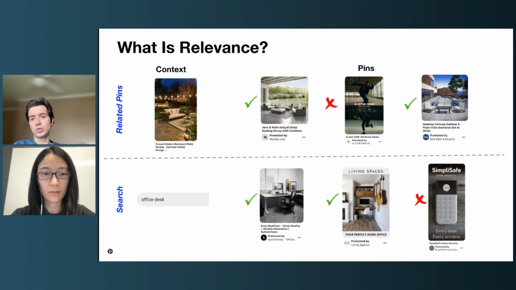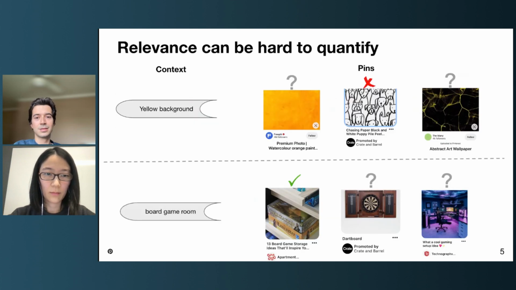In search, the context is the user search query. For the query office desk, the office seating sets would be relevant to the query. However, a security system might be irrelevant. However, it is not often as trivial to quantify relevance. Take these two search queries as an example.